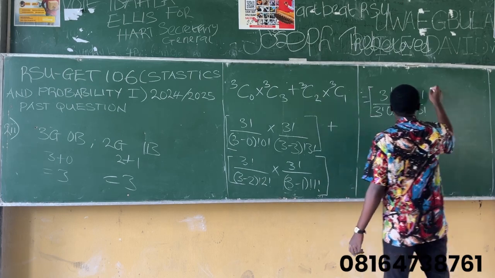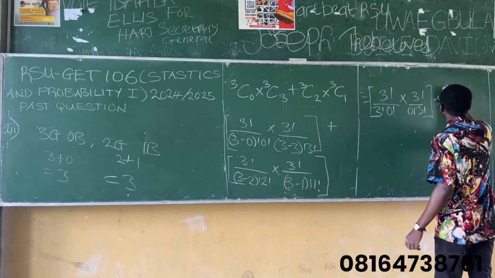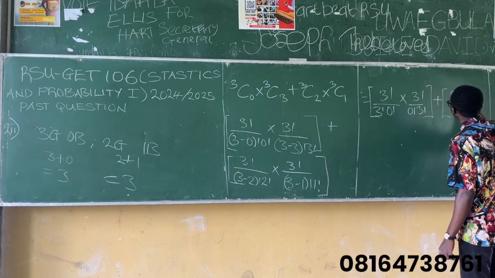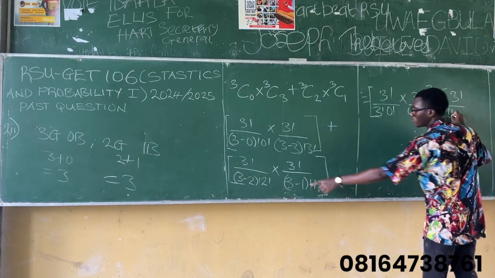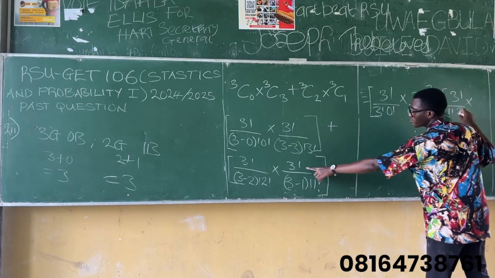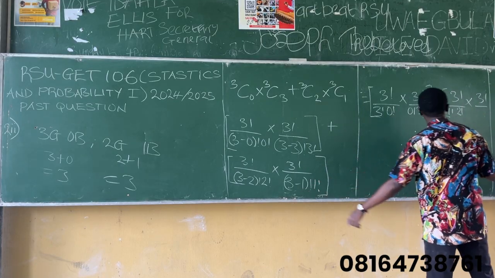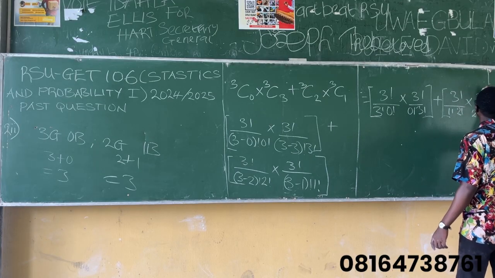Put this in a bracket once again and add with 3 factorial, 3 minus 2 is 1 factorial, 2 factorial, multiplied by 3 factorial, 3 minus 1 is 2 factorial, 1 factorial.